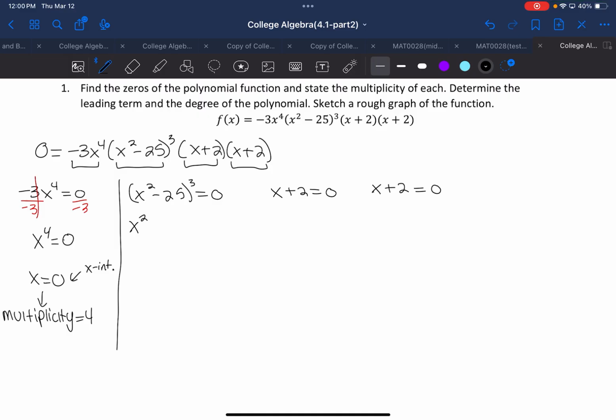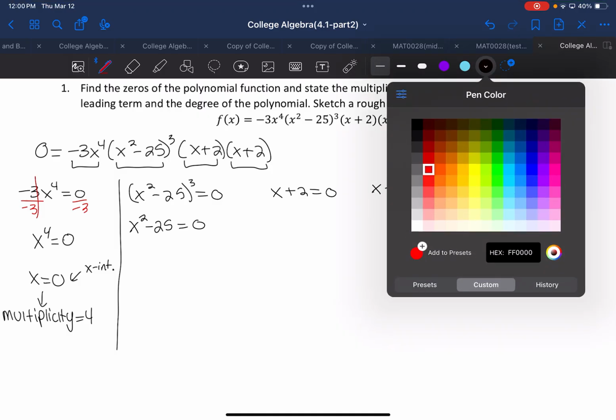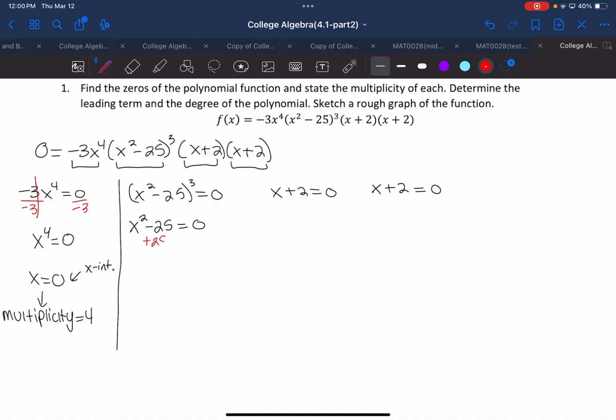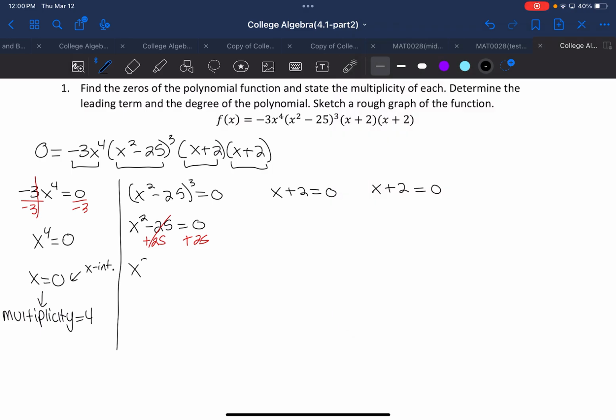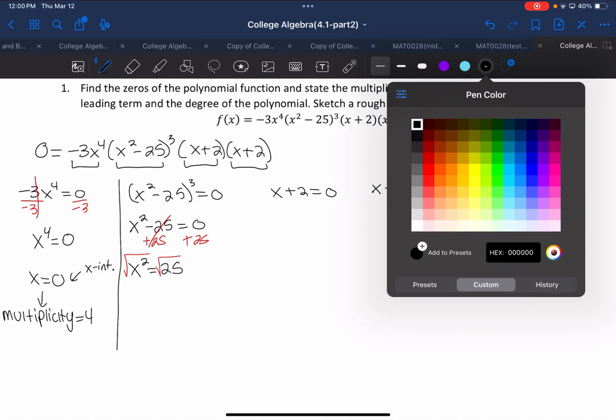So I'm going to take x squared minus 25, set that equal to 0. And you can solve this in two ways. You can either factor it by using a difference of two squares, or you can use the square root property. So I'm just going to use the square root property. So x squared is equal to 25. Take the square root of both sides, and this leaves me with what?